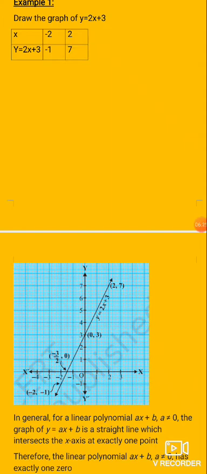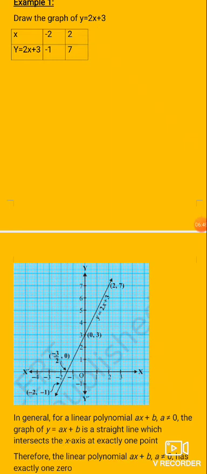So listen carefully. x is equal to minus 2, then the corresponding value of y is equal to what? Minus 1. Next, if x is equal to 2, the corresponding value of y is equal to what? 7. Now, join this. After plotting the points, we need to join them using a straight line.